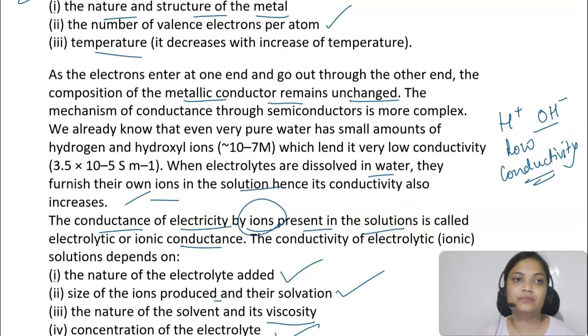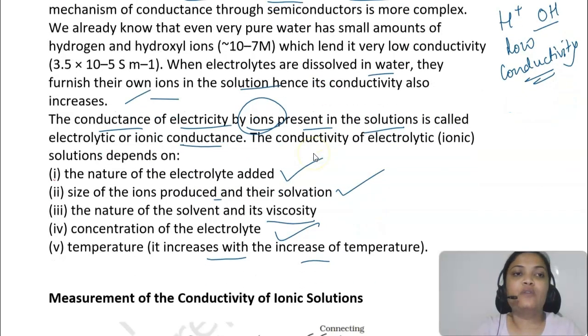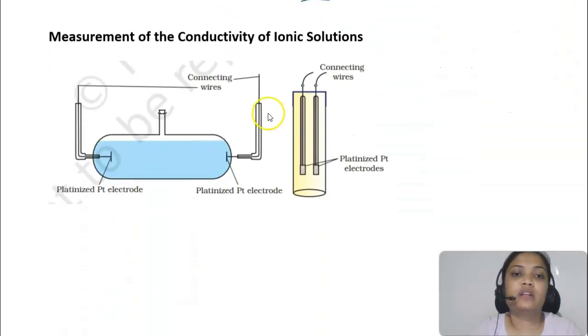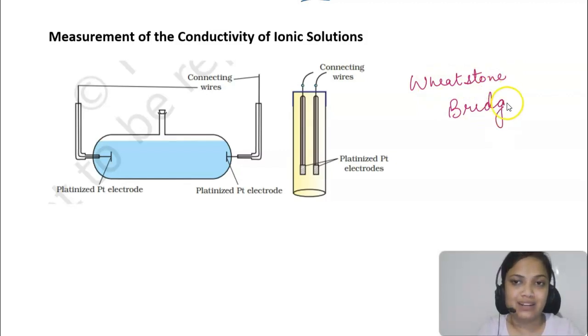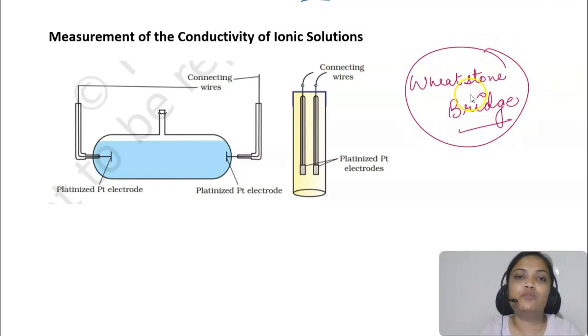Students, now let's talk about the measurement of conductivity of ionic solutions. You know that the measurement of conductivity for metallic conductance can be done using a Wheatstone bridge, which you might have studied in physics, but for ionic solutions, we cannot use a Wheatstone bridge for measuring the conductivity.